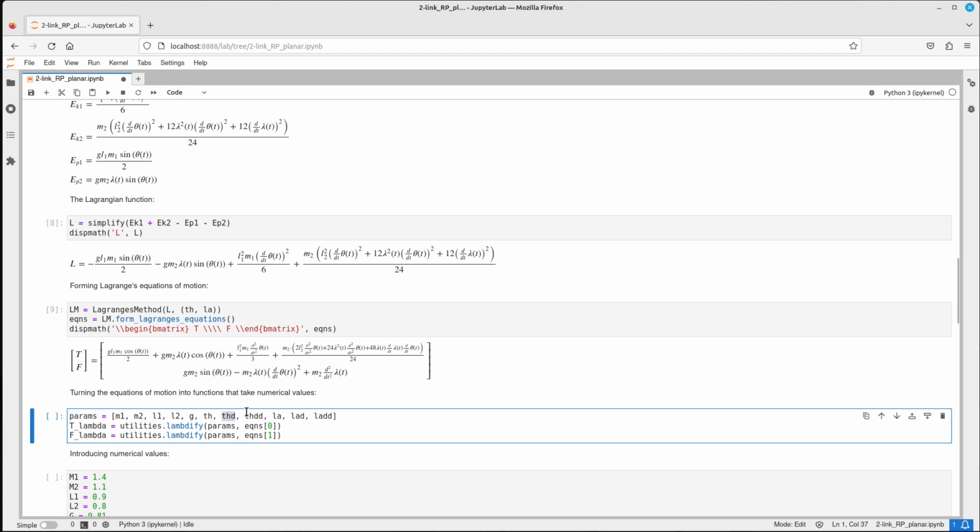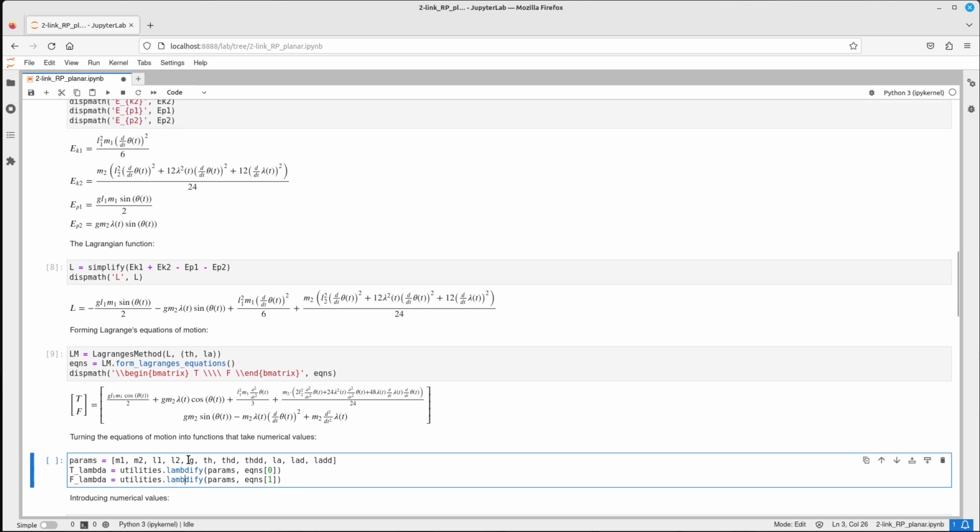Same for the first derivative of theta, the second, lambda, and then the first derivative and the second derivative of lambda. Okay, so speaking of lambda, we use a function called lambdify that is inside this utilities module within SymPy.